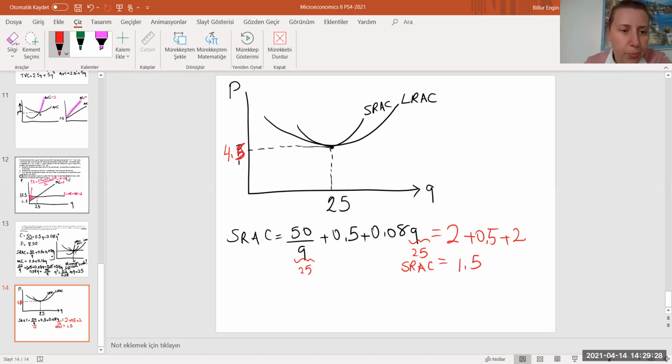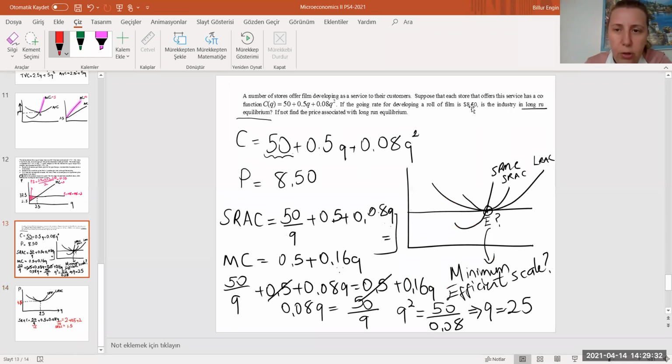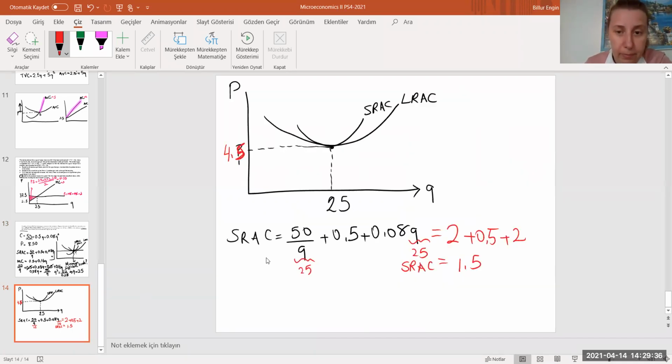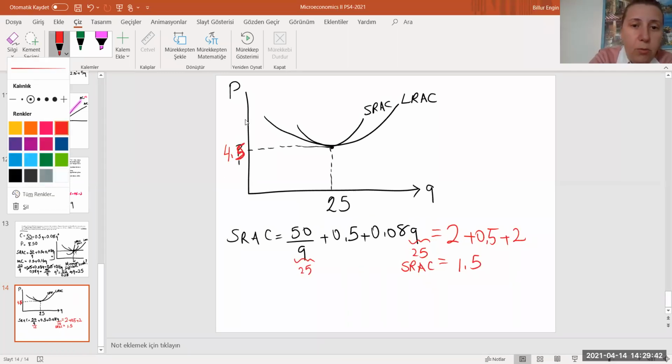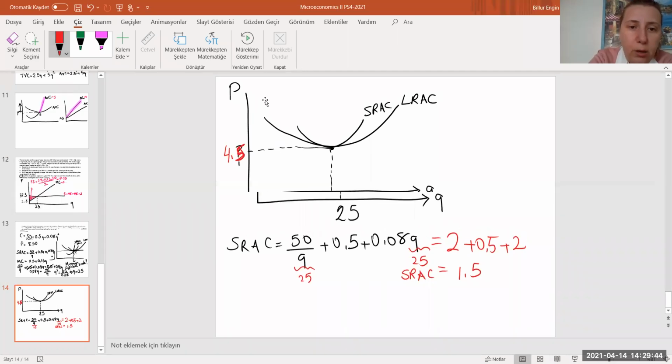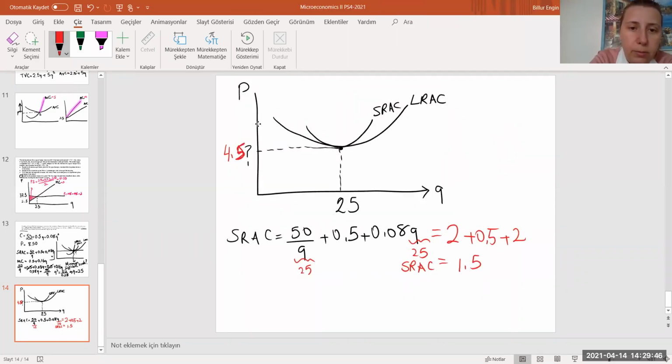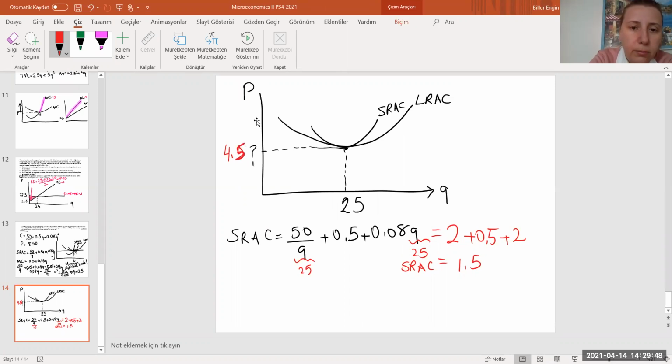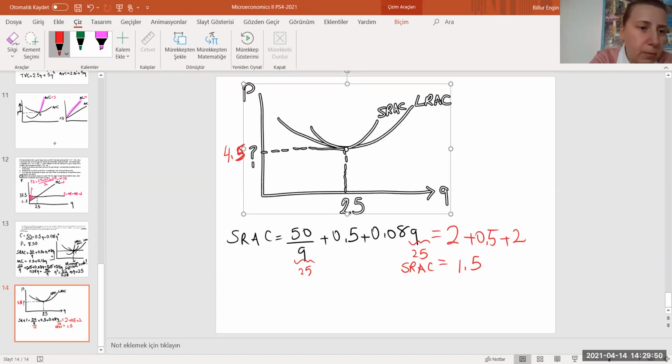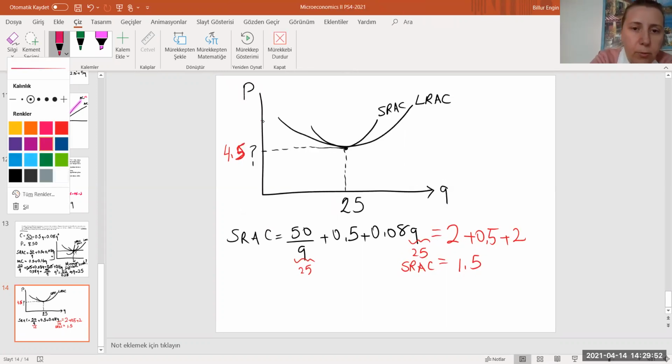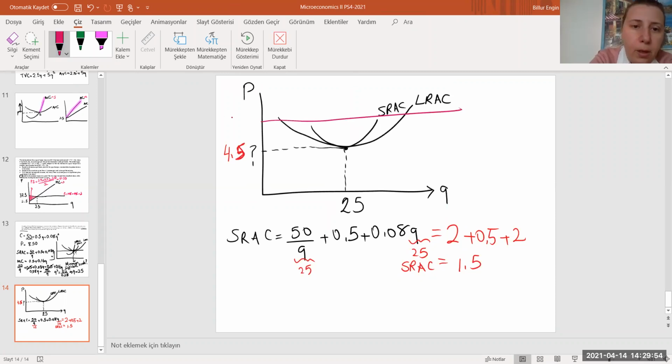Here we have 4.5, right? So what is the price given in this question? If the price is 8.50, which is higher than the minimum point of the long run average cost, somewhere here, 8.5.